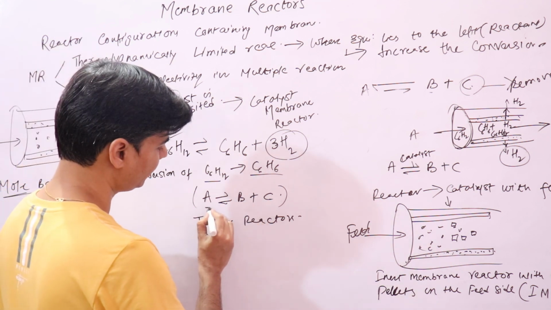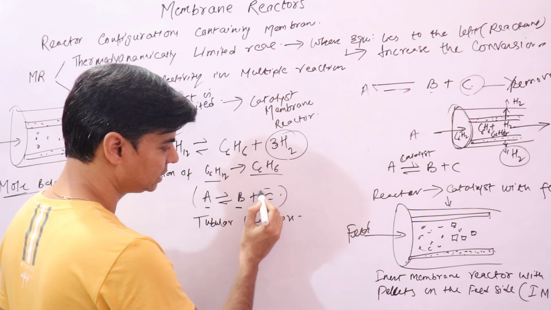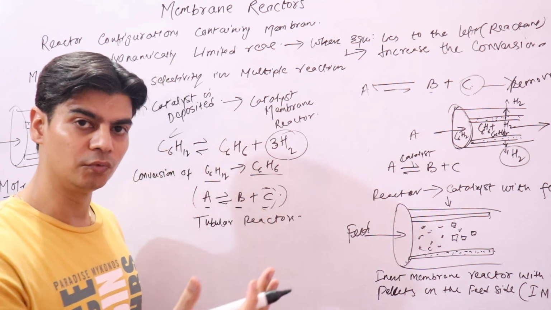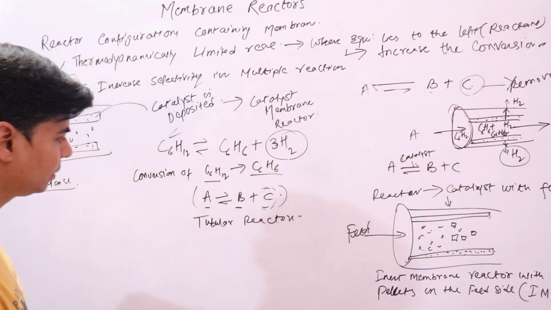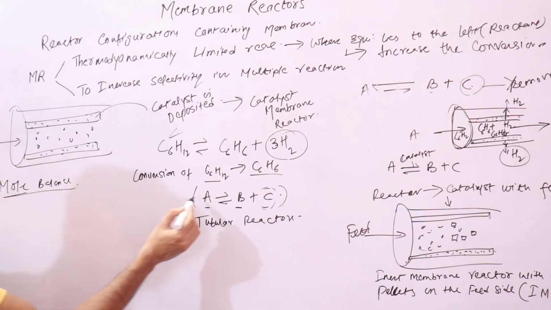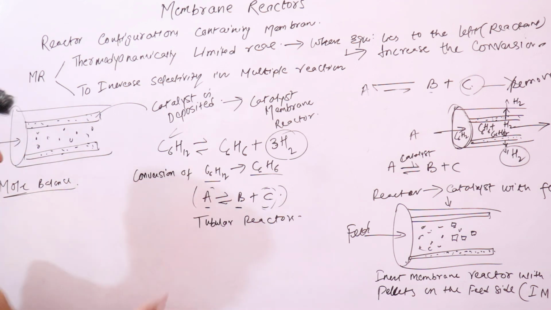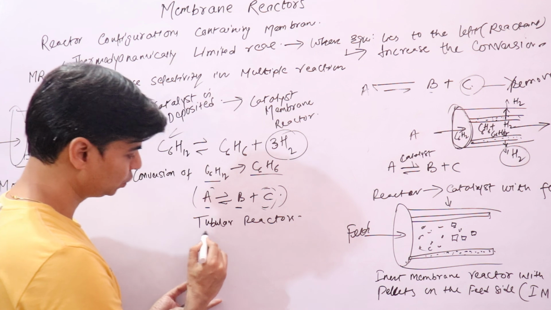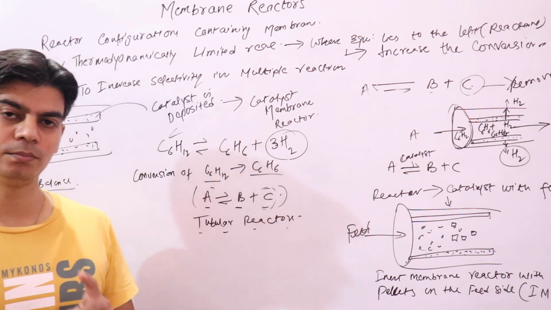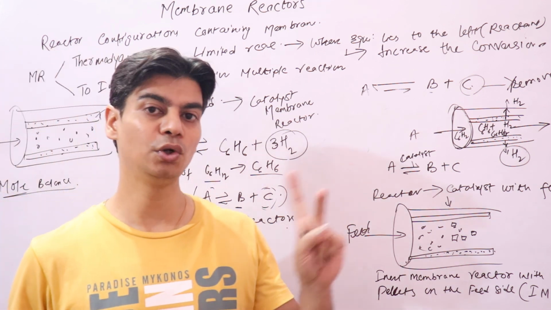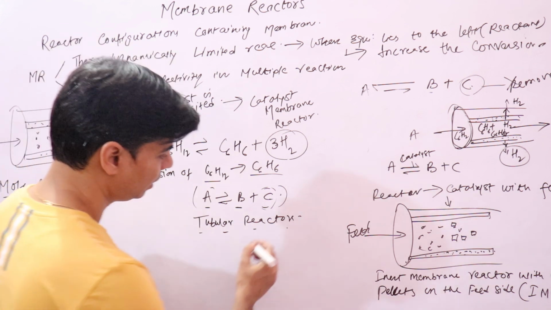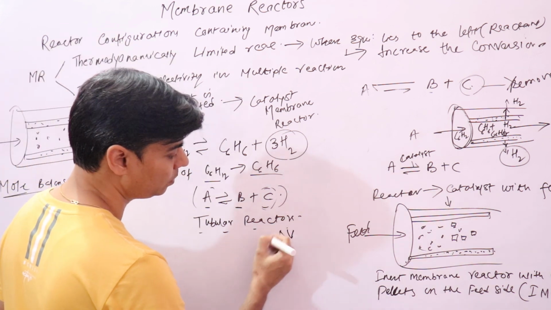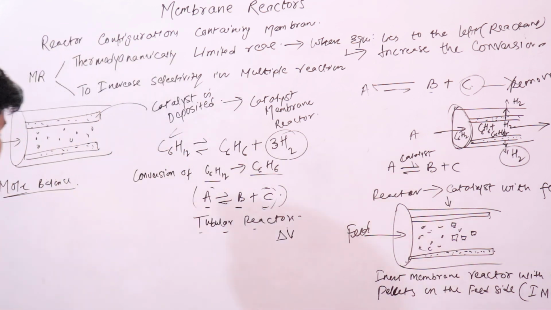You will have A, you will have B, and C will get removed using the membrane. So when you do the mole balance on A, we are doing this the way we did the mole balance in tubular reactors, and we will be doing this in a volume delta V.